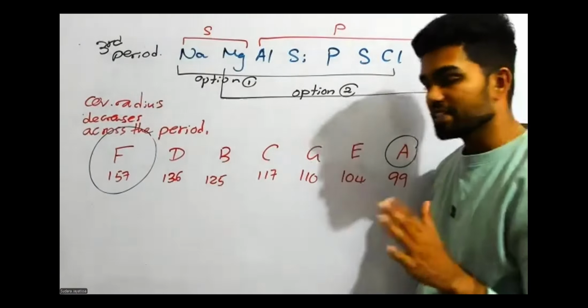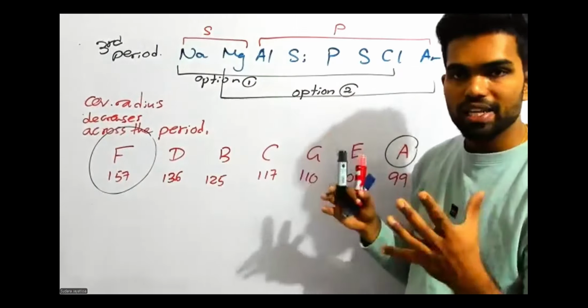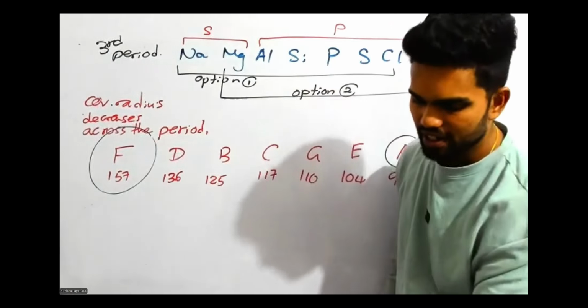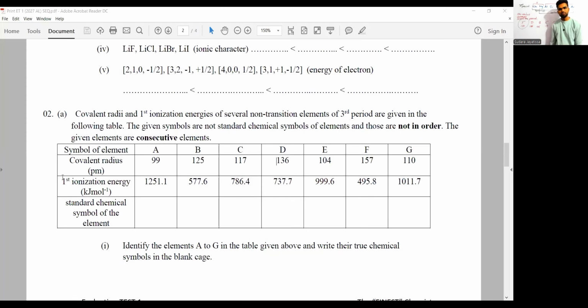So to get the correct option from these two possibilities, we need to check the next given data. They have given us the first ionization energy also, right? So now let's remind ourselves what happens to the first ionization energy across the period. Across the period, first ionization energy increases.